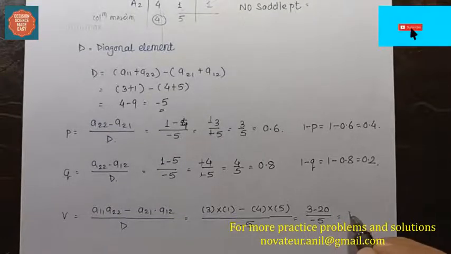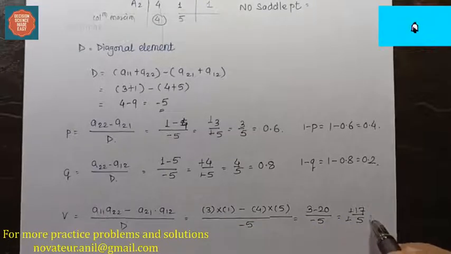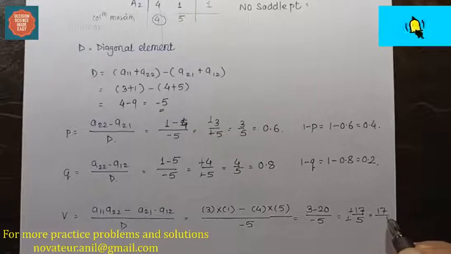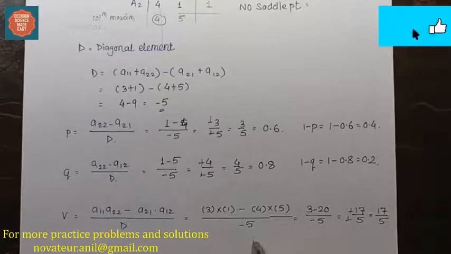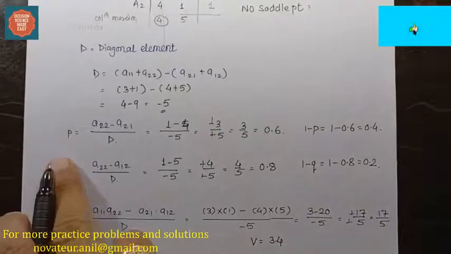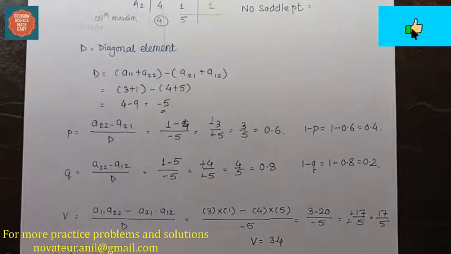So this is nothing but minus 17 divided by minus 5, the minus signs get cancelled. So this is 17 divided by 5, and V is nothing but 3.4. So very simple, I got the value of P, value of Q and value of V.